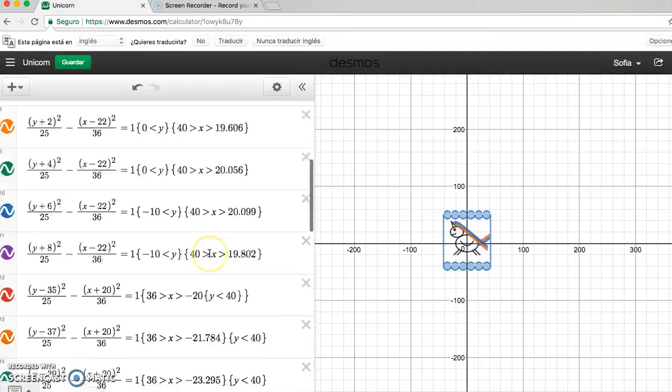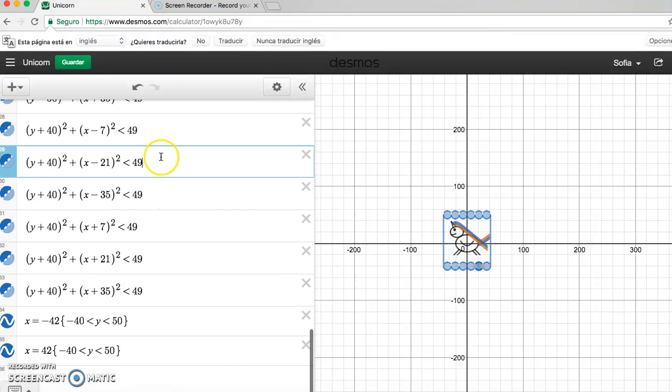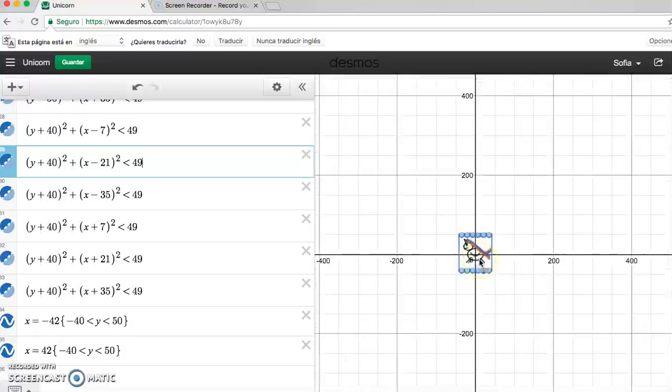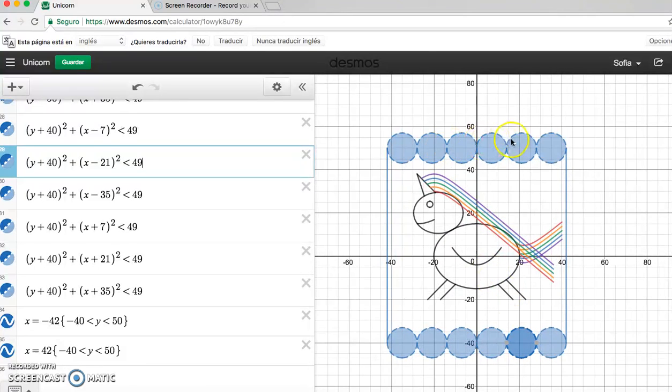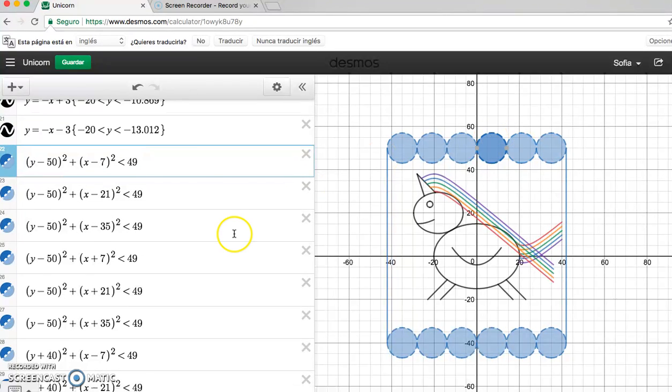Okay, now I'm going to talk about one of the circles that makes up the cloud. Let me zoom in. So let's talk about this one. Here you can see the equation, which is (y minus 50) squared plus (x minus 7) squared equals 49.